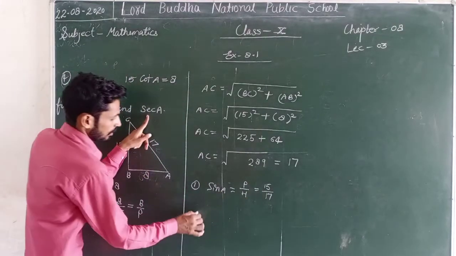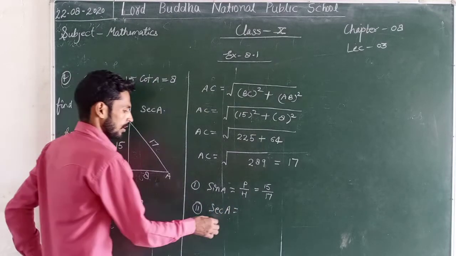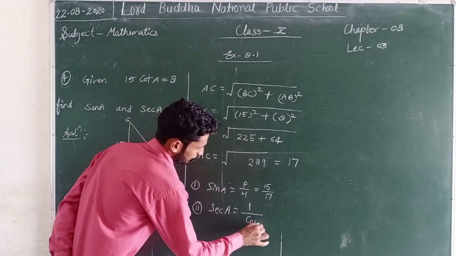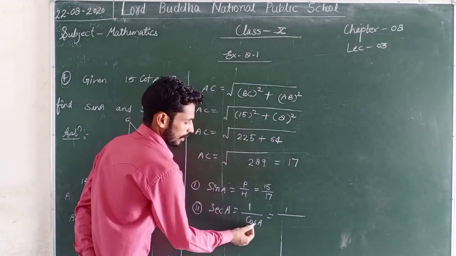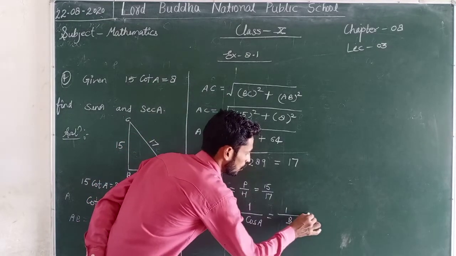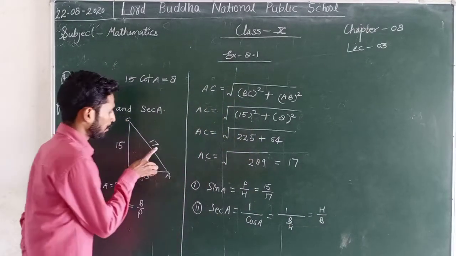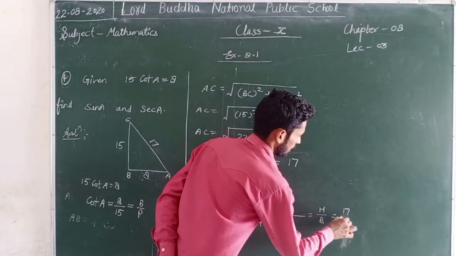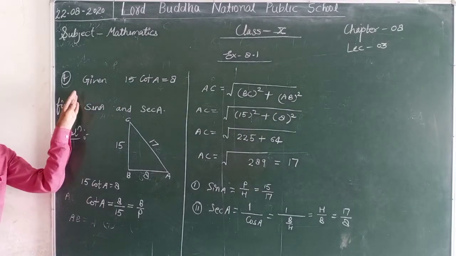Next question is sec A equals, this is the reciprocal of cos A. Cos A is the ratio of base upon hypotenuse, so we can write here hypotenuse upon base. So hypotenuse is 17 and base is 8. So 17 upon 8. This is the solution of question number 4.